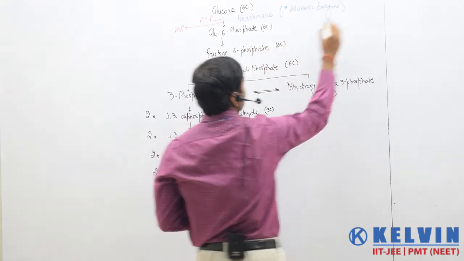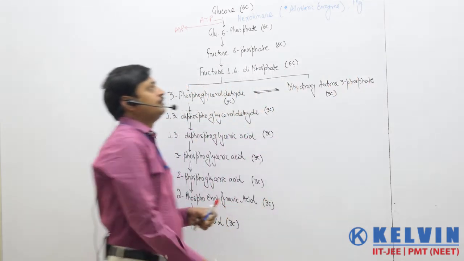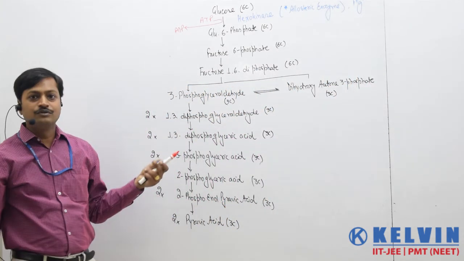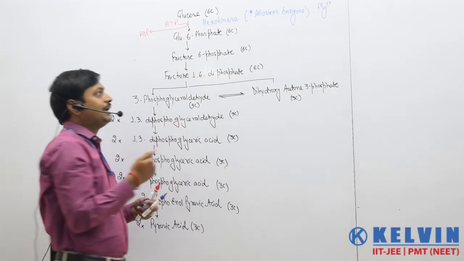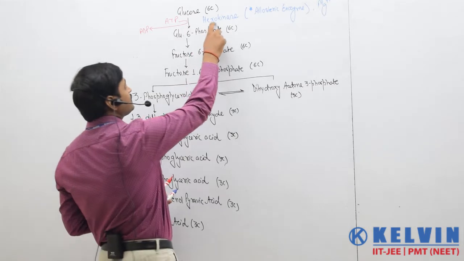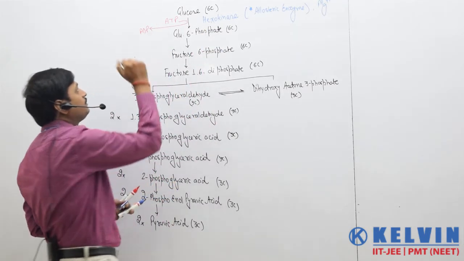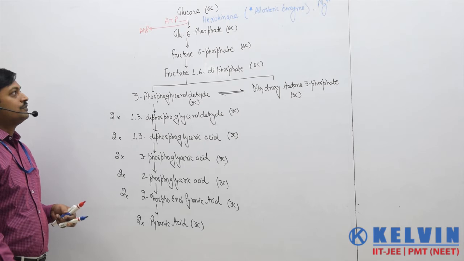For this enzyme, magnesium ion is used as an activator. Most of the enzymes in glycolysis have magnesium ion as an activator. So in presence of the enzyme hexokinase, 1 ATP molecule is used and the product will be glucose 6-phosphate.